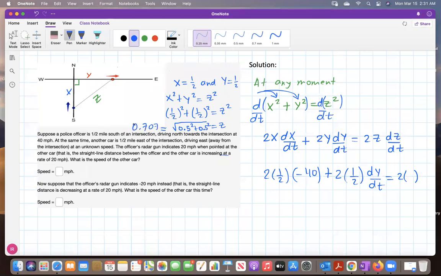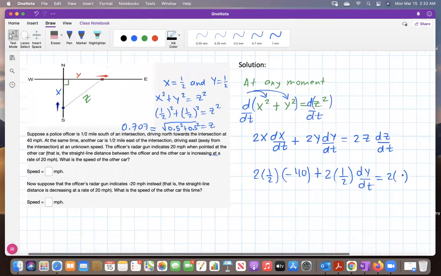707. Okay. Rounded to 3 decimal places for accuracy, right? So that is what we're gonna place right here, 0.707, okay? And that has to be multiplied by the derivative of z with respect to time, which is something that we have also been given.